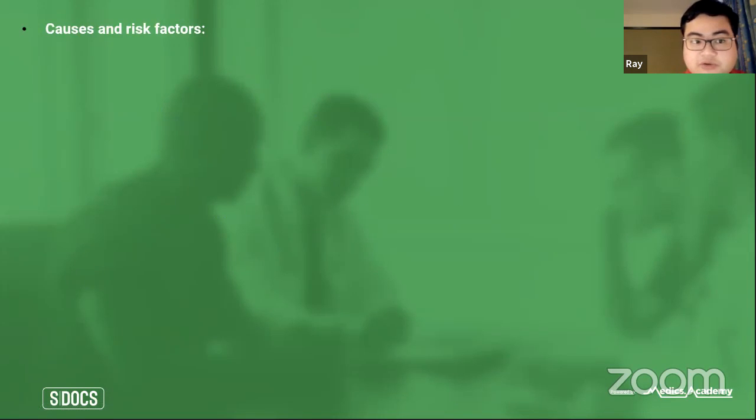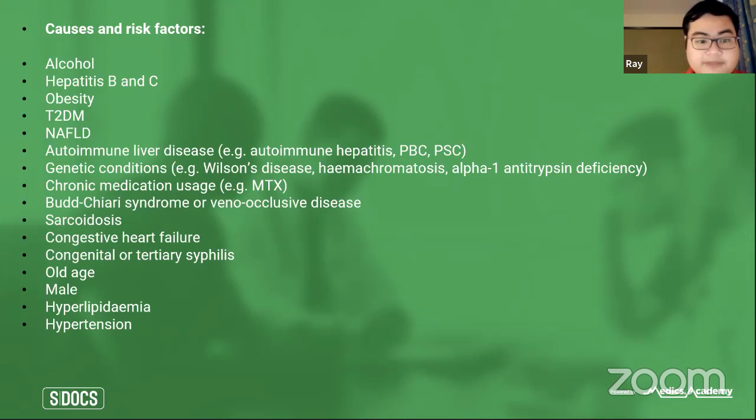In terms of causes and risk factors, I'm sure alcohol would be the first one that comes to mind, which is at the top of this list. But there are many other causes as well. Hepatitis, which we will cover today and in the next part. Then obesity, type 2 diabetes, non-alcoholic fatty liver disease, which was covered in the last part, and conditions such as autoimmune liver disease and genetic conditions as well.